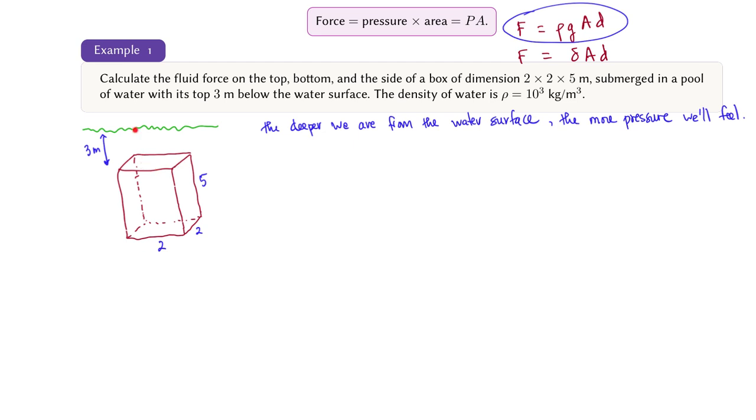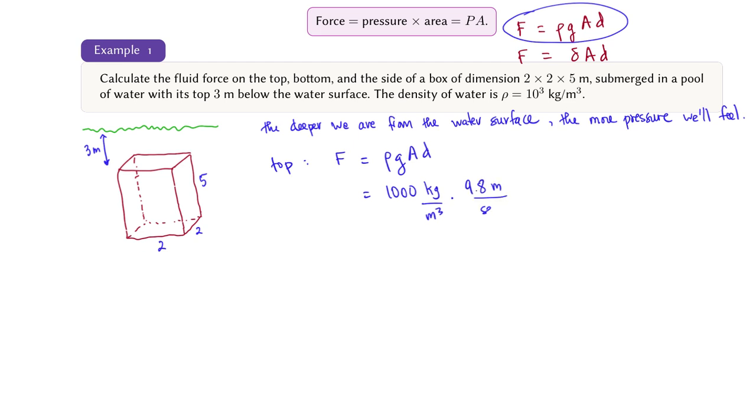Consider the top of this box. Any point at the top of the box has the same depth from the water surface. The force is the pressure times the area, but the pressure is constant at the top of the box, and so the force is rho g A D. Rho is the water density, 1000 kg per cubic meter.